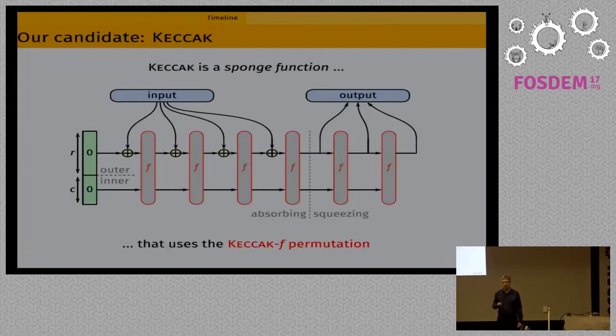This permutation f, called Keccak-f, is really the core of Keccak. It's where the crypto is really happening, where most of the time is spent. So this Keccak-f permutation is, let's say, the common part of this presentation.